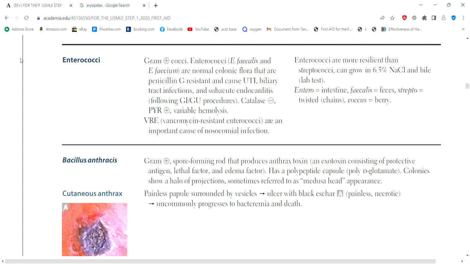VRE, vancomycin-resistant enterococci, are an important cause of nosocomial infection. So what you have to understand is some enterococci in the hospital can become vancomycin resistant, and these bacteria become hard to kill, which is why you get hospital-acquired infections.